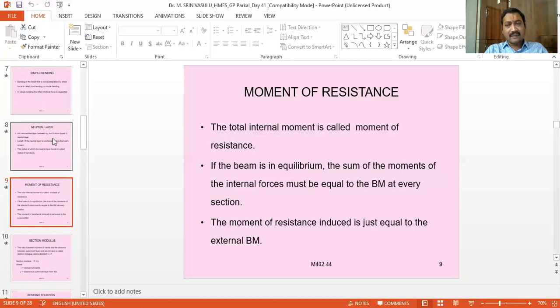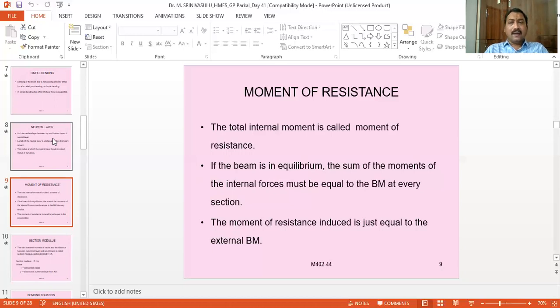even then the beam is not moving. That means the beam is in the equilibrium condition. In that condition, whatever external loads are acting on the beam will create some moments.